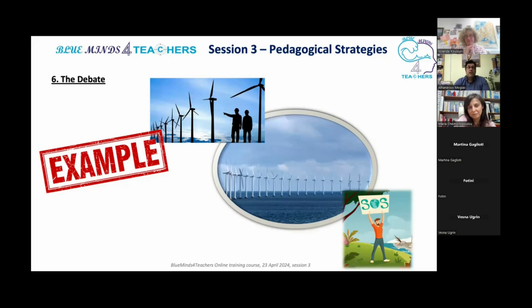Of course, again, we provide our students with adequate time to prepare themselves, enough time to support their argumentation when they will start arguing. In the end, again, the facilitator wraps up and closes the procedure.